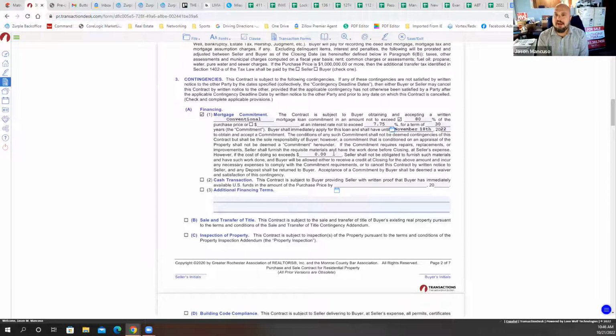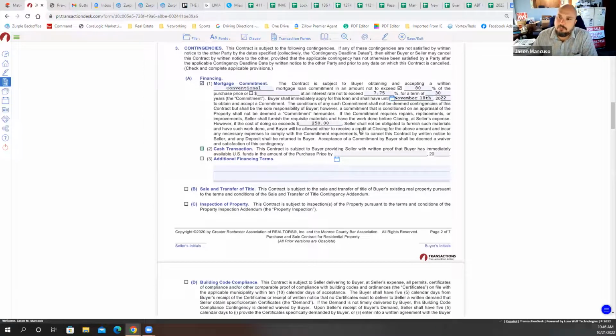So if there's something that big, we need to figure out what the agreement's going to be ahead of time versus just throwing something at a wall and hoping that it sticks. So no more than 1,000. 250 is super reasonable. 500 is generally reasonable. So those types of amounts are in play. I'm going to say 250, meaning the seller's on the hook for up to $250 of repairs if needed from the appraisal. If there's $251 of repairs, we have a problem that we have to figure out.